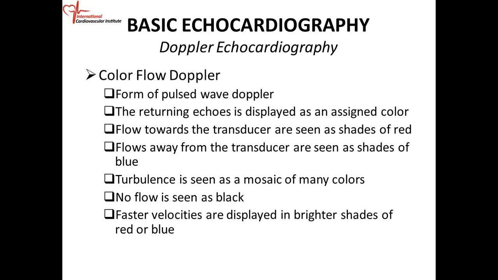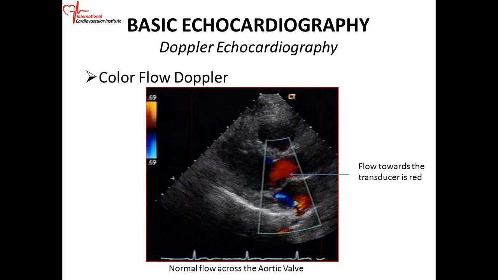There is no flow, and no flow is seen as black. You don't see anything. Faster velocities are displayed as brighter shades of red or blue. So that's your color flow.